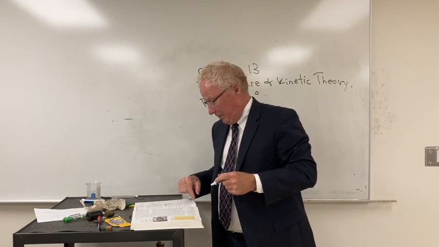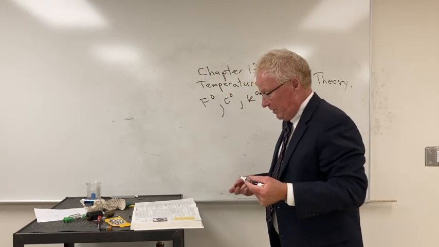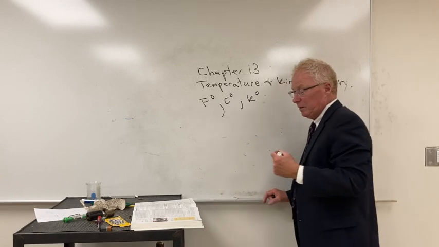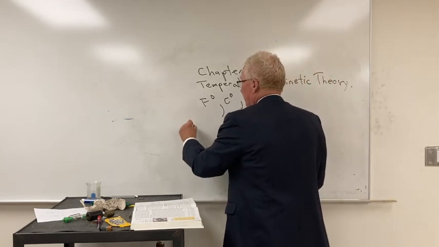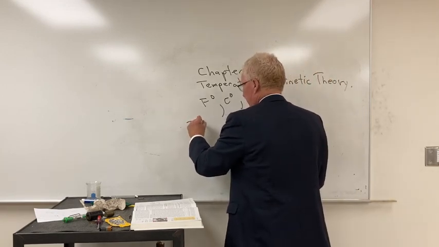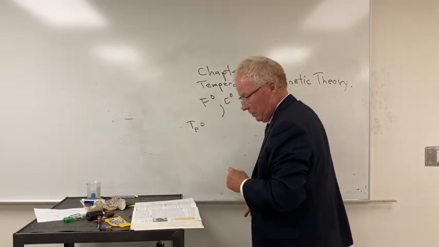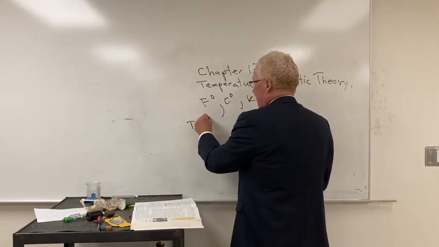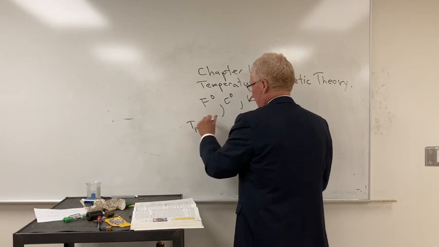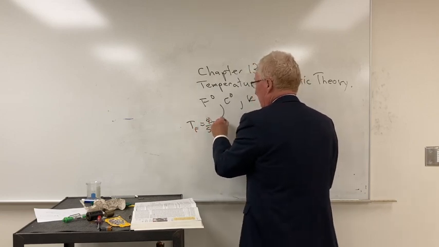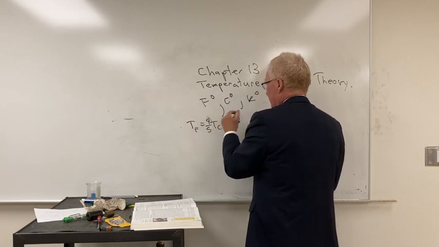Now Fahrenheit scale, we're not going to do much with this, but the relationship between temperature in Fahrenheit is equal to 9/5 times the temperature in Celsius plus 32 degrees.